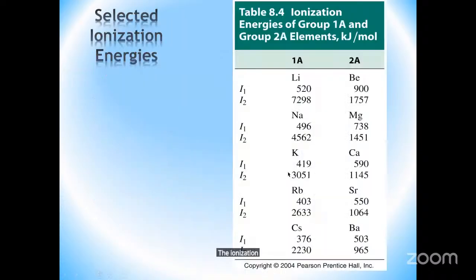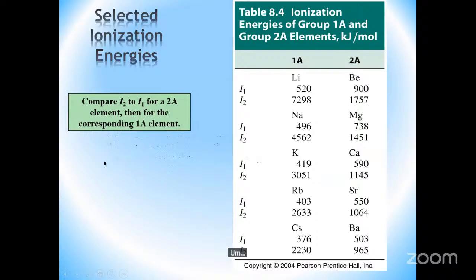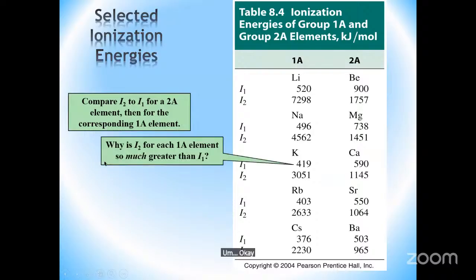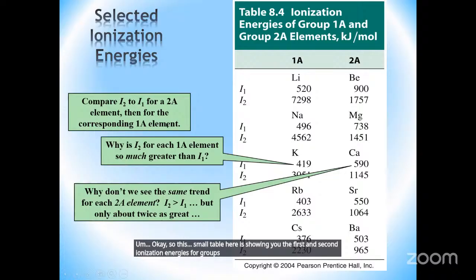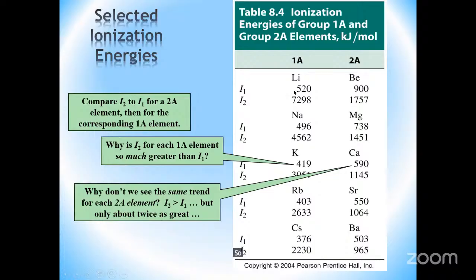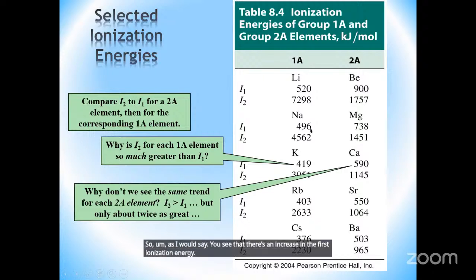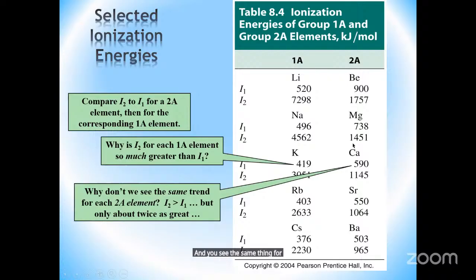In fact, I think I have some numbers here. Okay, so this small table here is showing you the first and second ionization energies for groups 1A and 2A, all right? So as I was saying, going from lithium to beryllium, you see that there's an increase in the first ionization energy, and you see the same thing for sodium going to magnesium, potassium going to calcium, and so on and so forth, right?